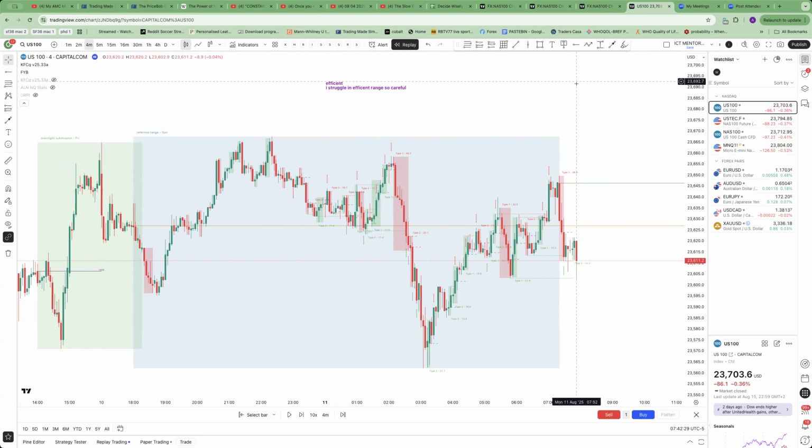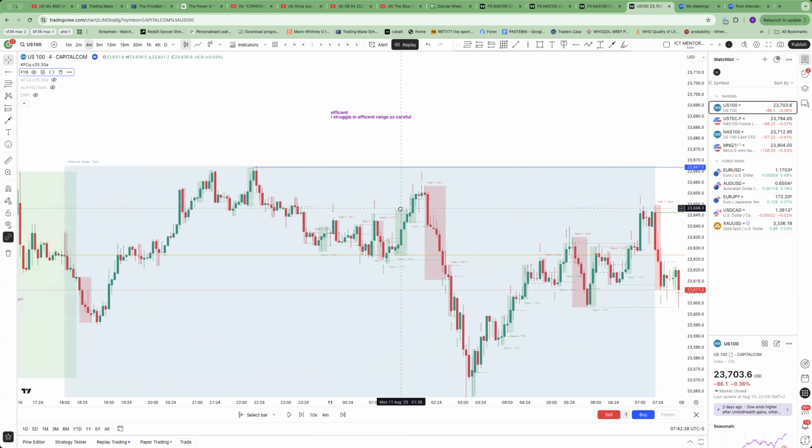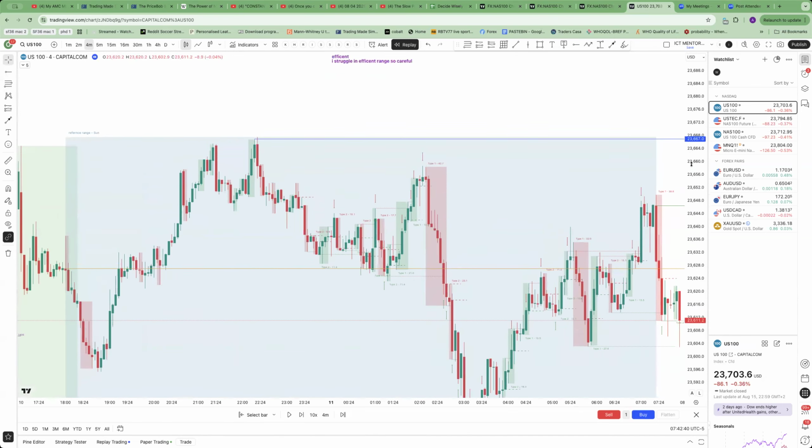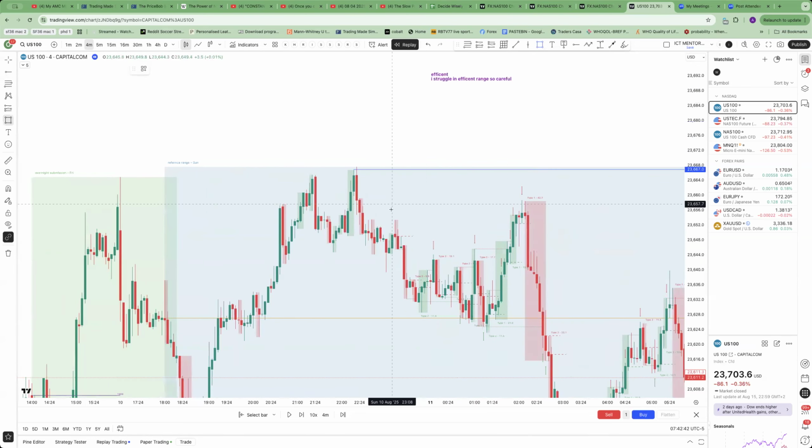And I start annotating. All right, what is the highest expansion in my range? When I look into this range, this is the highest expansion in my range. So this one. All right, what was the expansion before it? This guy.